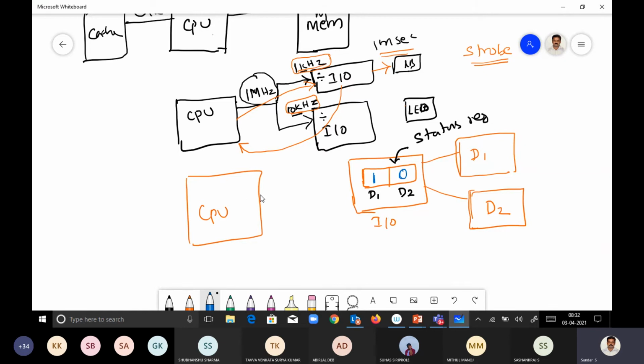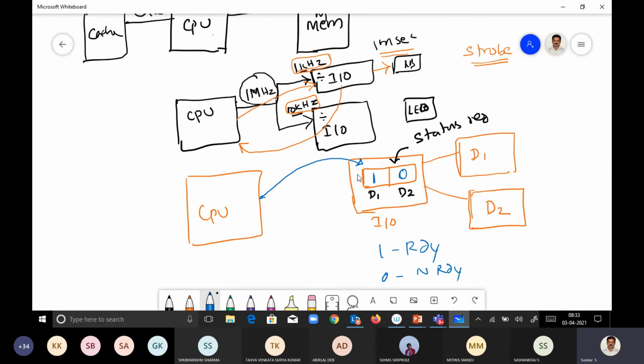Whenever the CPU wants to communicate with any one device, for example device 1, first it will check the status of device 1. If 1 means ready, 0 means not ready. First the CPU will check this bit, and if it is 1, this IO interface will facilitate the connection between CPU and device 1.